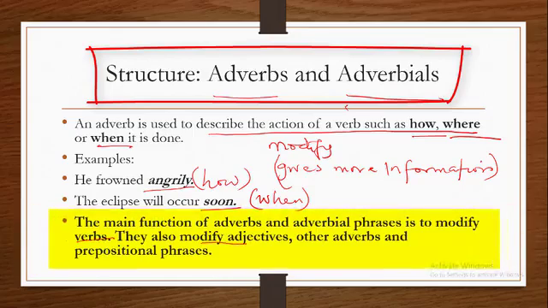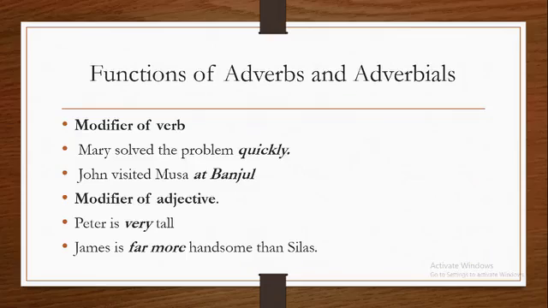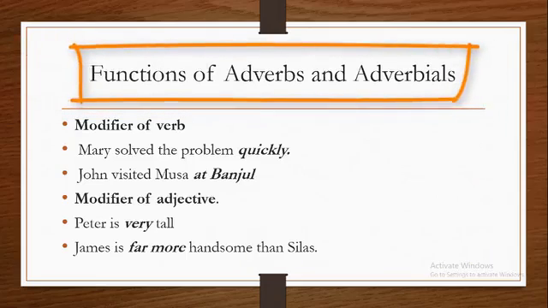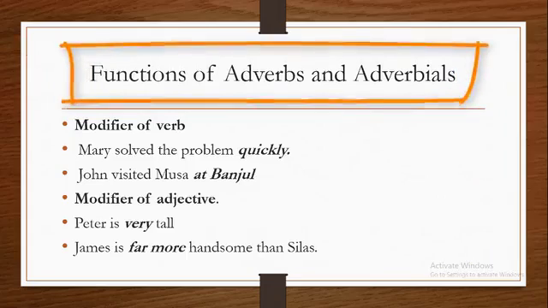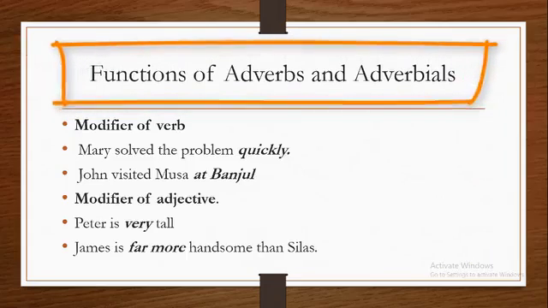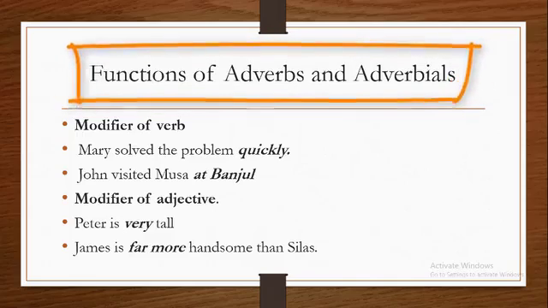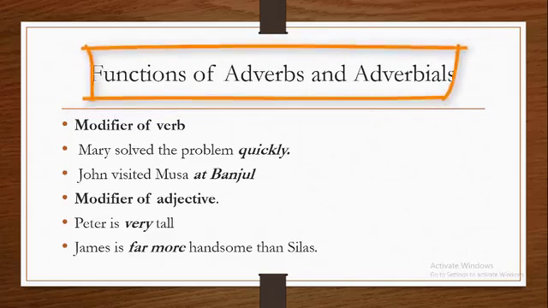They modify or give some more information about adjectives, even other adverbs, and prepositional phrases. Okay, so let's move on to the functions of adverbs and adverbials. Like I told you, they answer the question how, when, and where the action is or was performed.